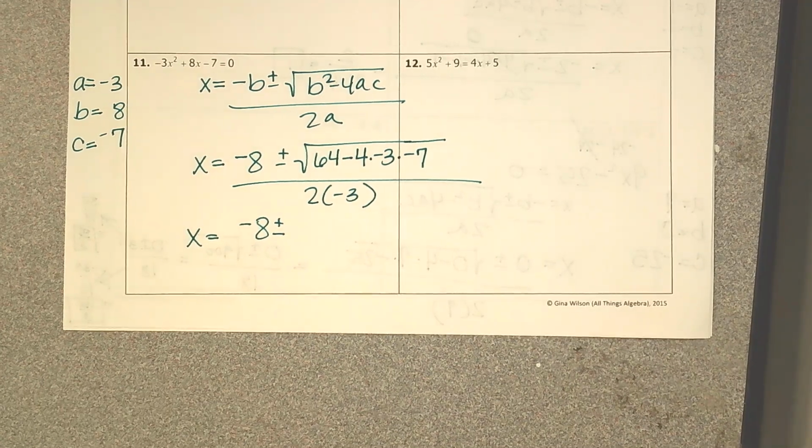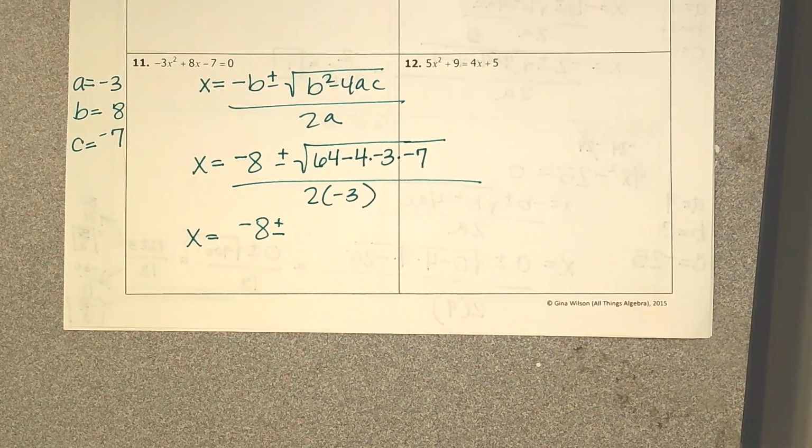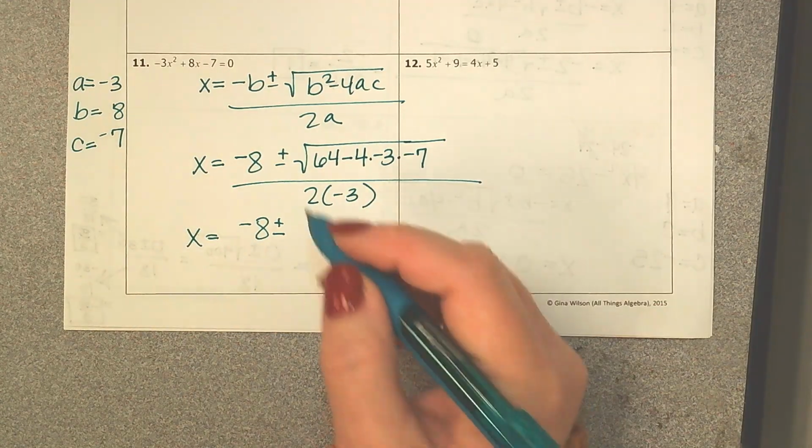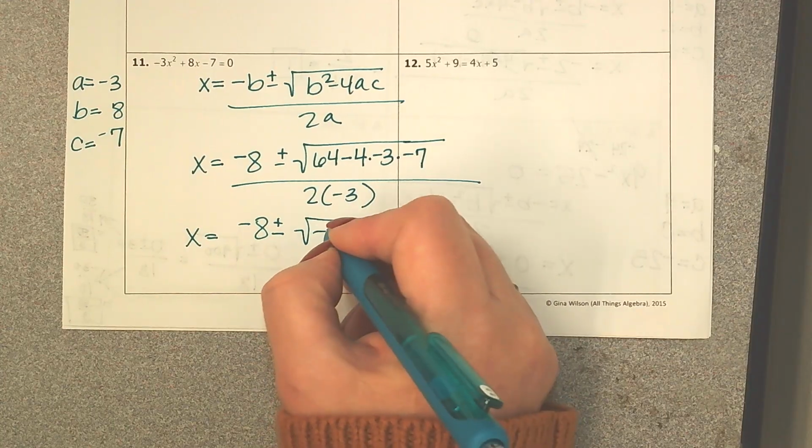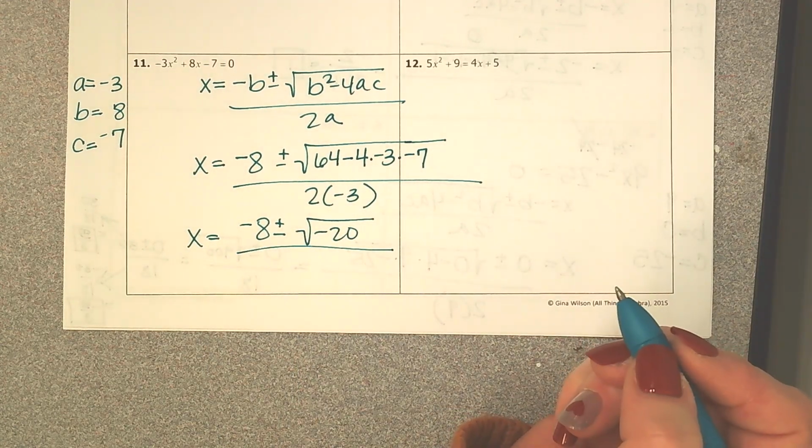Yeah, negative 3. Negative 20. Should be negative 20. Is that what y'all got?